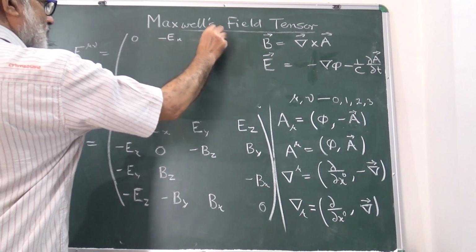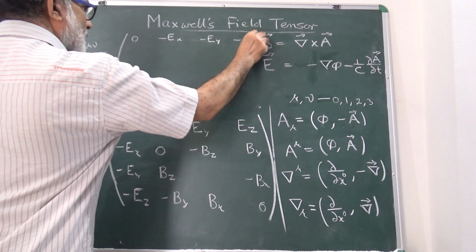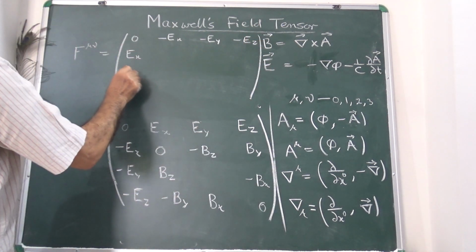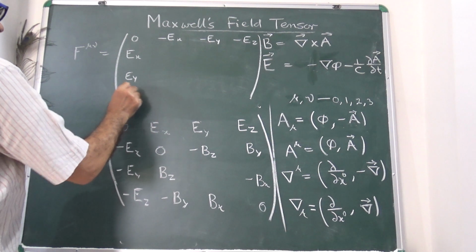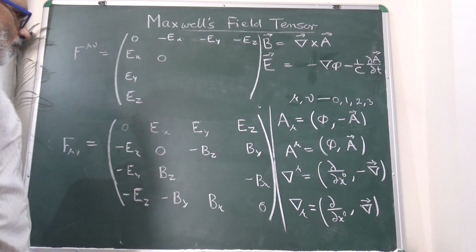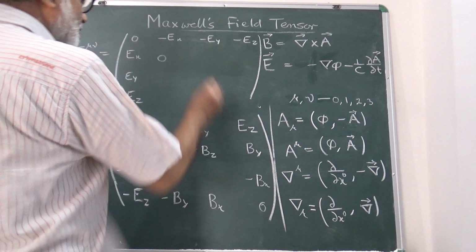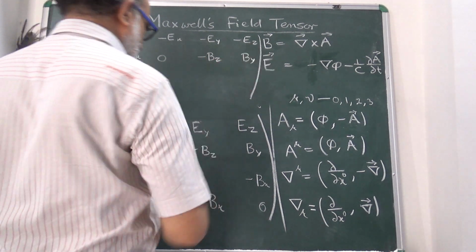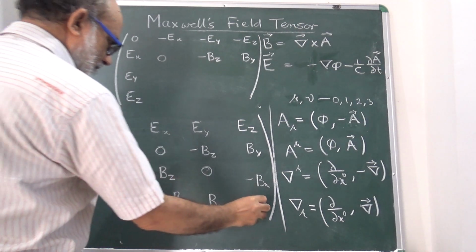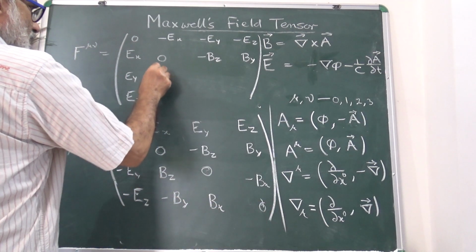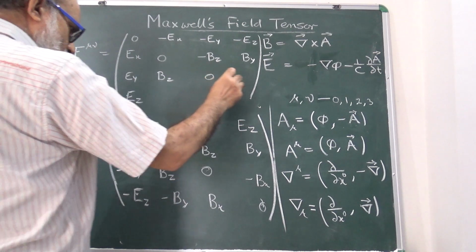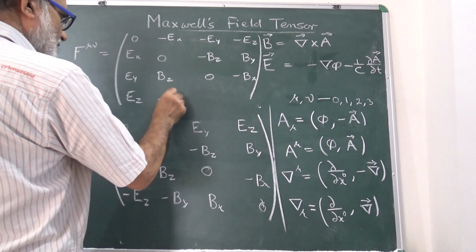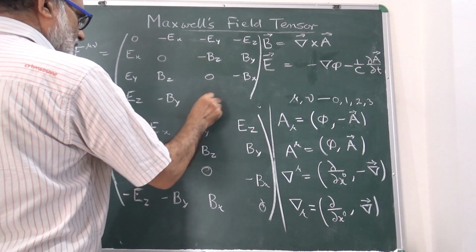Ex, minus Ey, minus Ez, Ex, Ey, Ez, 0, minus Ez, Ey, 0 here, Bz, 0, minus Bx, minus By, Bx.